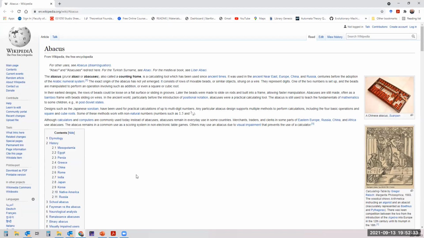It's called the abacus. So this is the first computing machine that humans ever used in life.